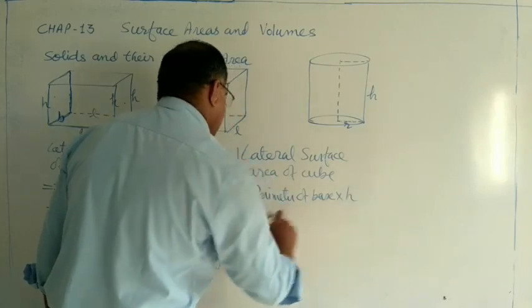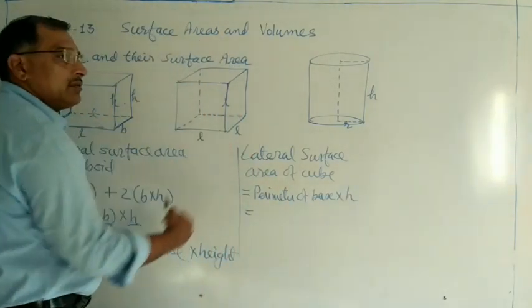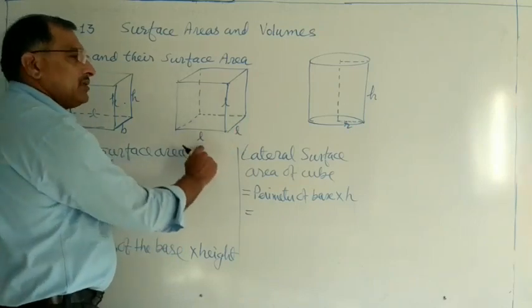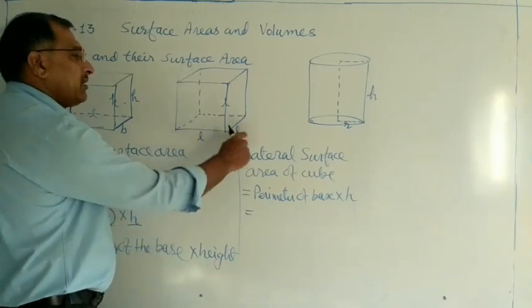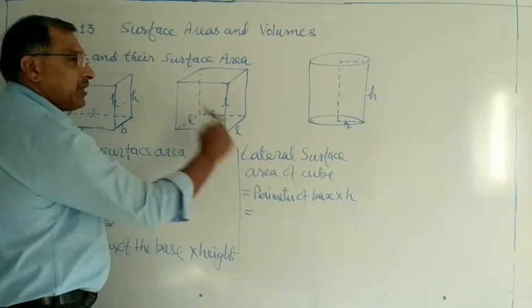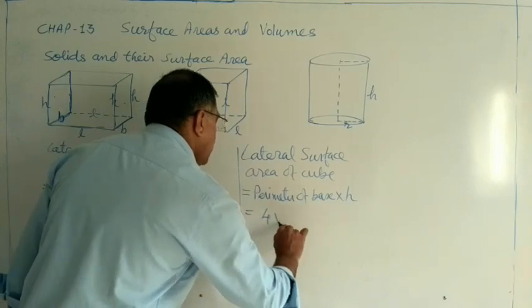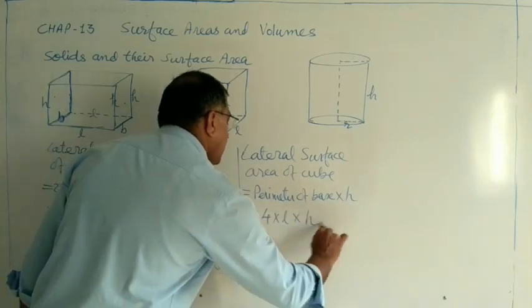So what is the perimeter of the base? Here the base is L into L, its dimensions are length, and so the perimeter is 4 times length, multiplied by height.